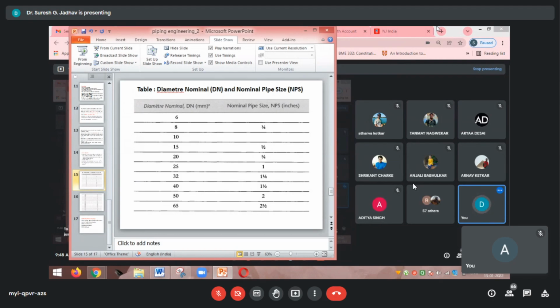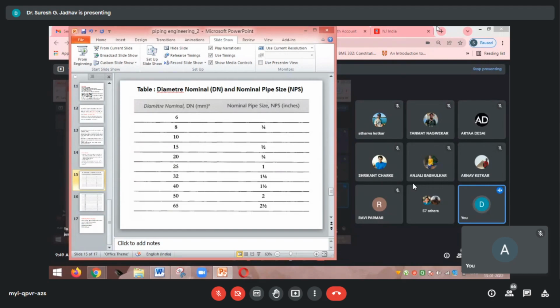If you consider DN 8, that converts to 1/4 inch. Likewise, we can consider DN to NPS. Everything is given in the design handbooks of piping engineering. When I upload it, you'll see all the tabular forms and the specifications of materials.